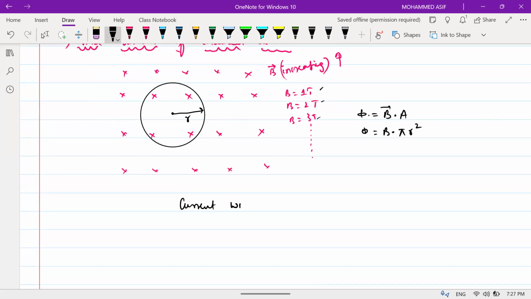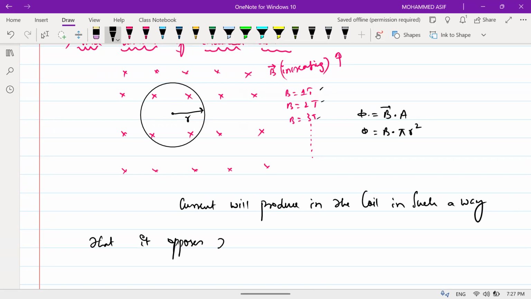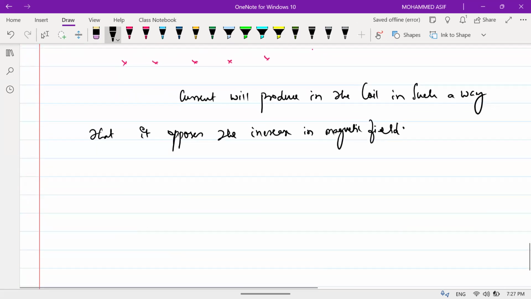Current will be produced in the coil in such a way that it opposes the increase in magnetic field. Am I clear? What do you mean by that?